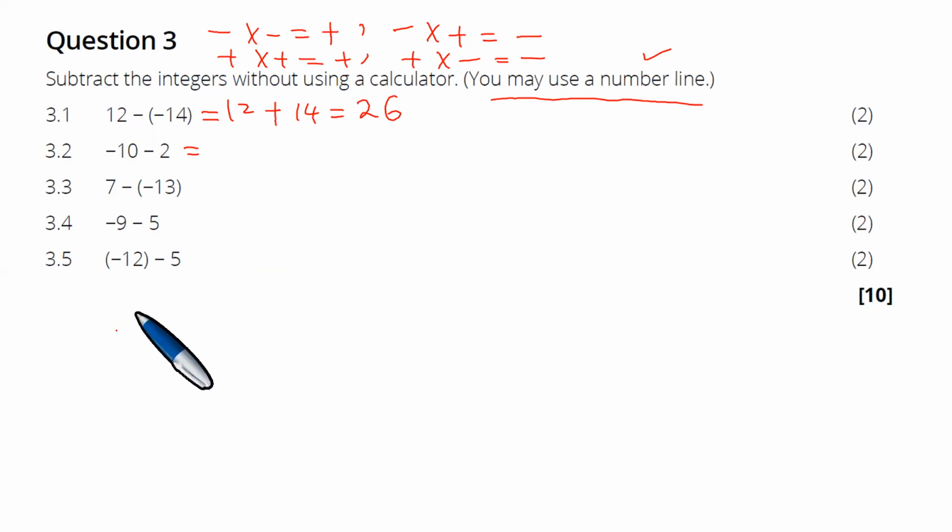There is rule 1, and then there is rule 2. What is rule 1?